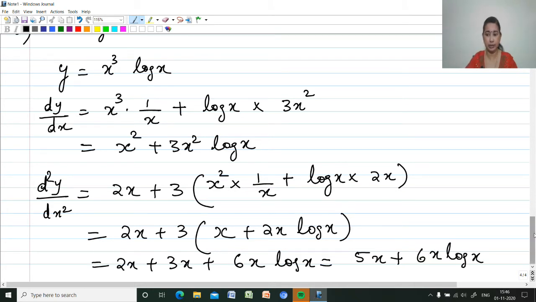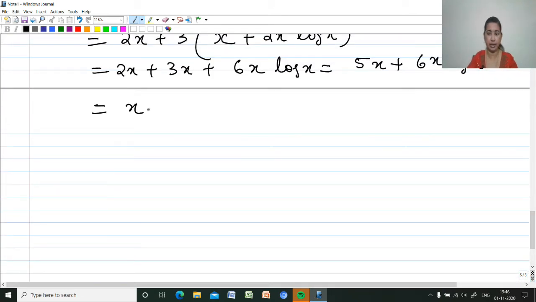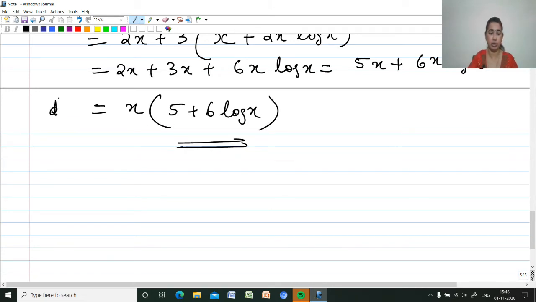X is common, that can be taken out. So finally we can write this as x into 5 plus 6 log x, that is second derivative, or d square y by dx square.